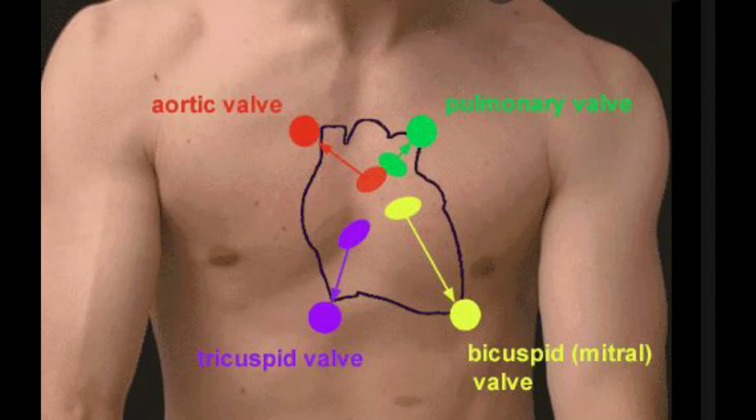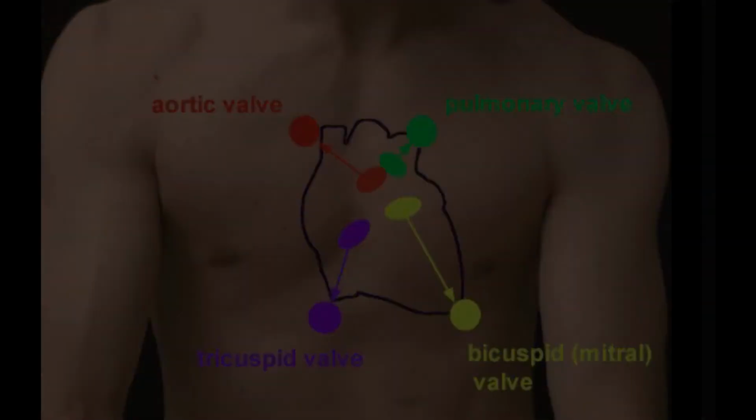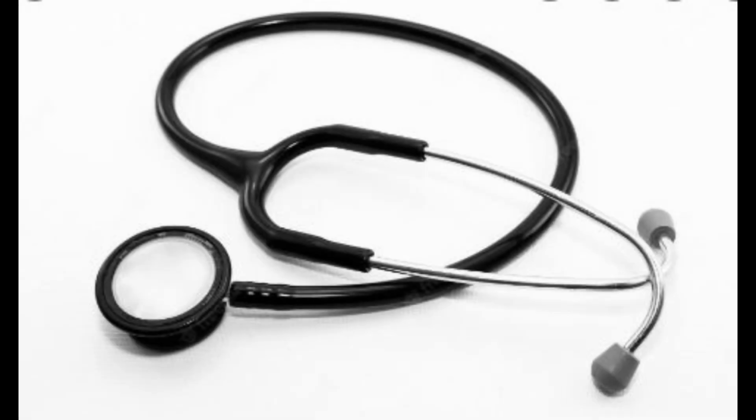On auscultating the pulmonary area, the pulmonary sound or P2 may be very loud, especially in younger people, a physiological status. But in patients with portal hypertension, the second heart sound may be very loud, and a soft P2 or soft pulmonary sound may be observed in calcification of the valves.